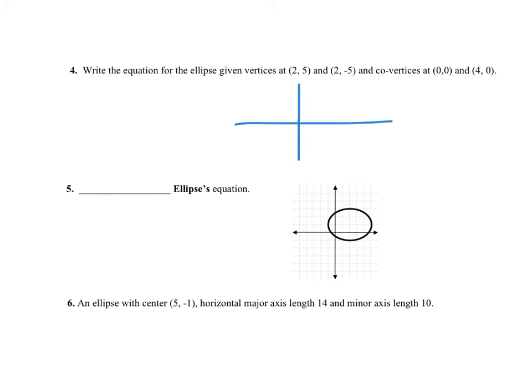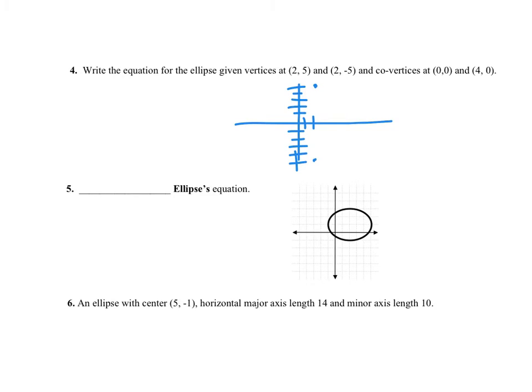All right, so I like to draw a picture of these, or else I just can't visualize it. So we're going to go to 2, 5, and 2, -5. Okay, so those are vertices. The center?